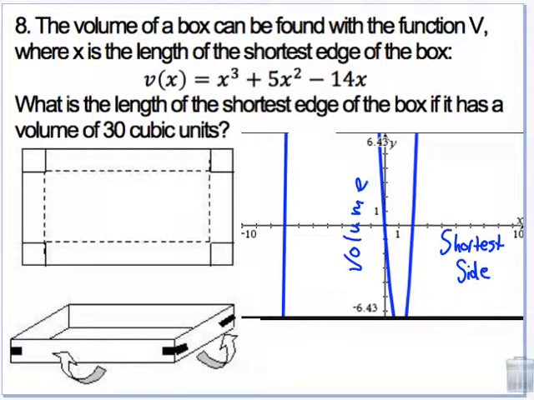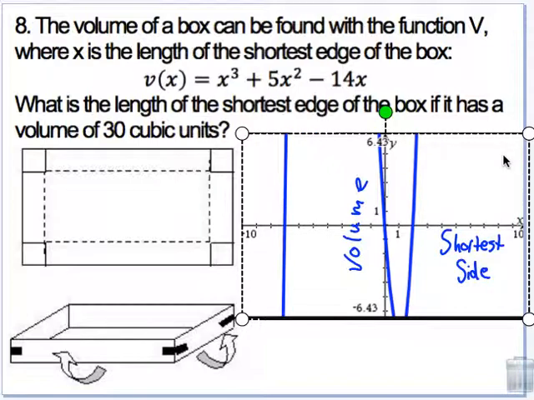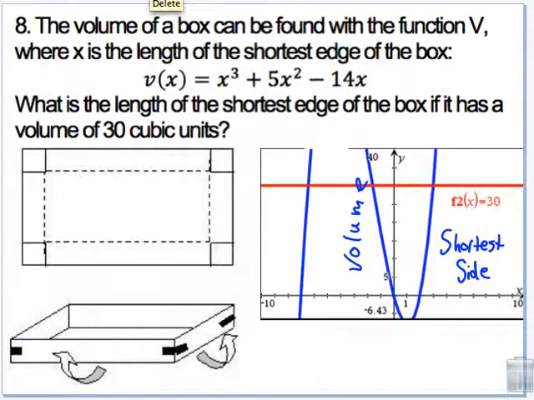In this case, when you first graph it, you really can't see anything. We want to know the x when your volume is 30. So we need to go ahead and graph. There's two formulas you need to graph.